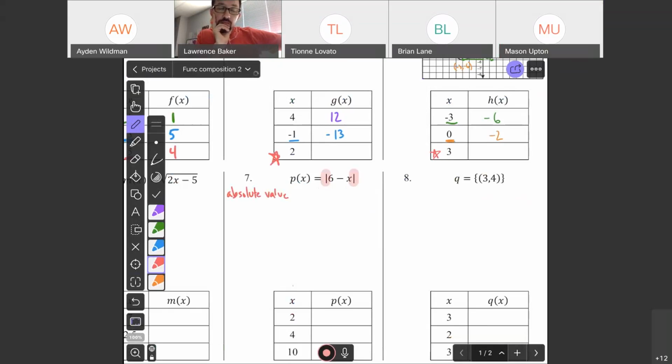Isn't it like, I want to say it's something having to do with the real number, or I'm not sure. Yeah, kind of. Mason, what does this absolute value mean to you?